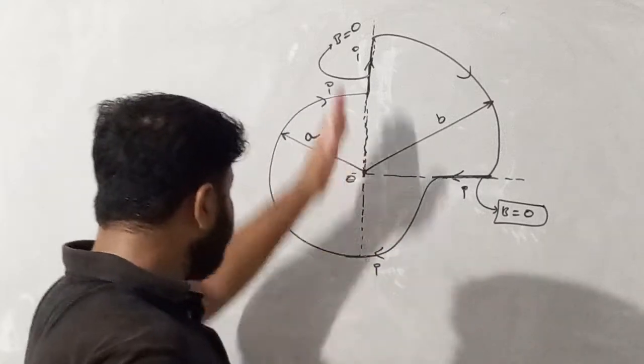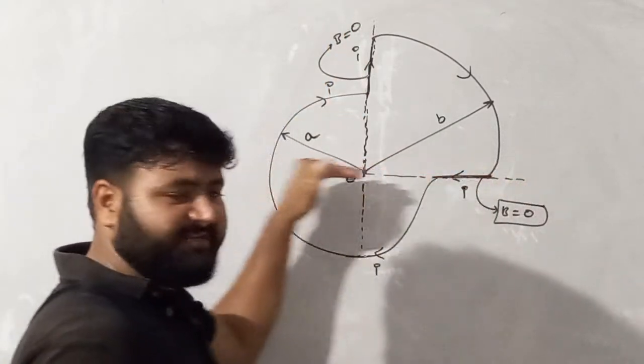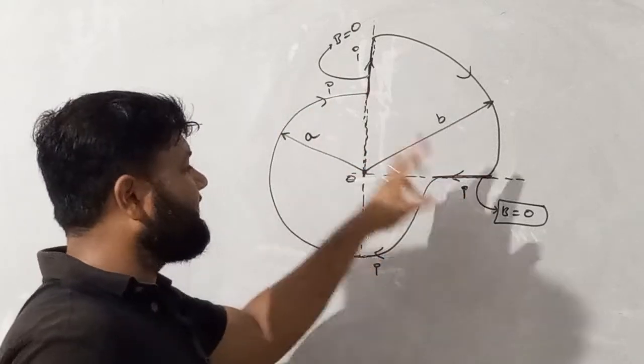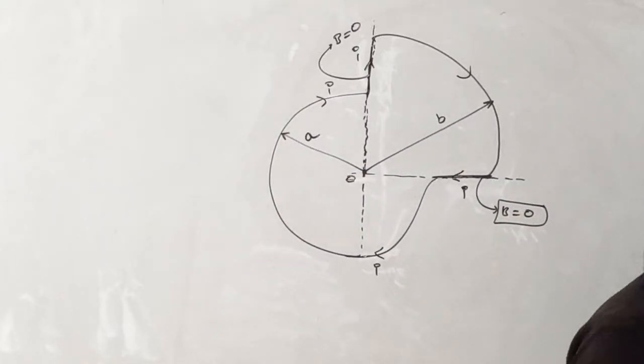Remember this thing. So due to this wire, magnetic field is 0. Due to this wire, magnetic field is again 0. So this is an arc, this is an arc. Now we have to find magnetic field only due to these two arcs.